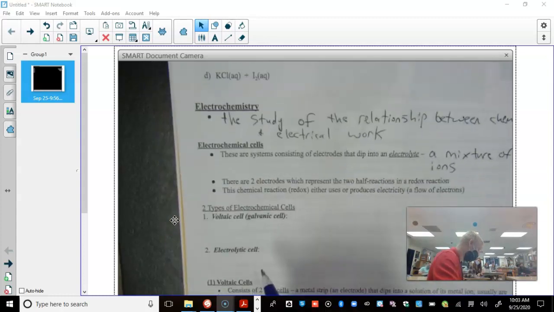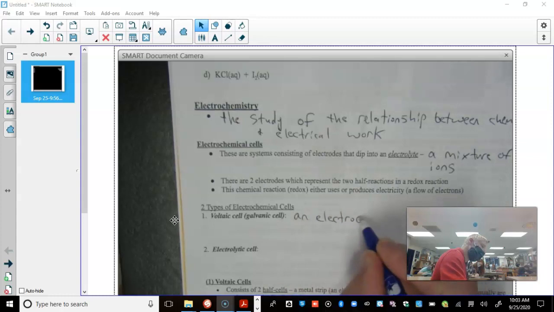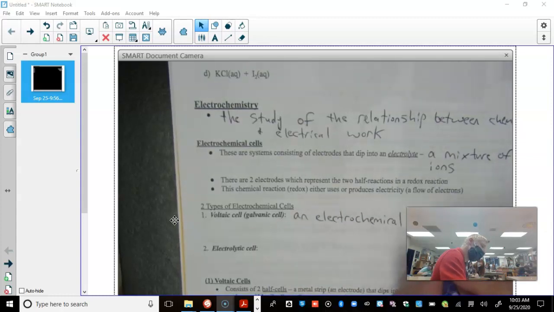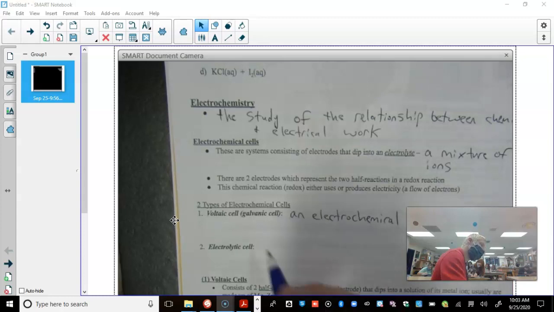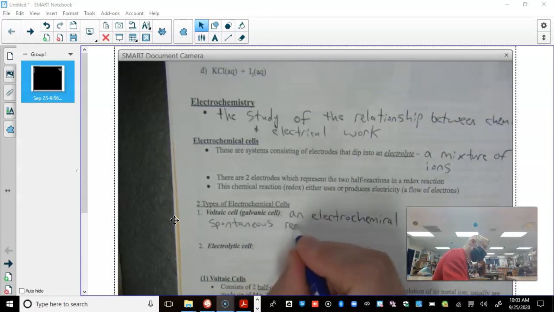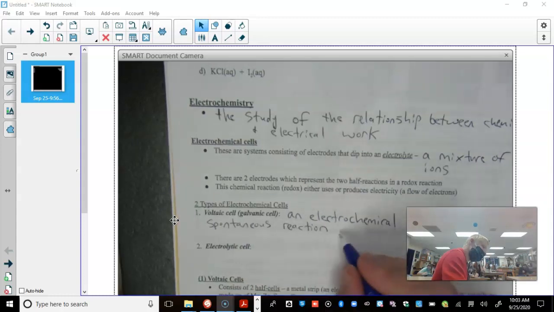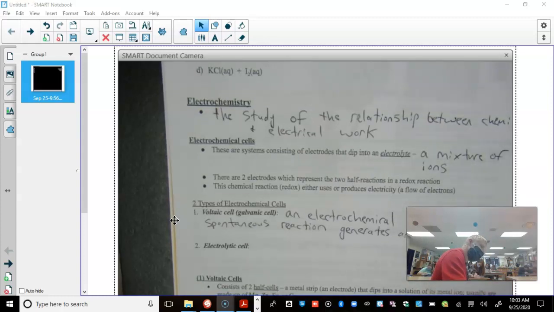For the voltaic cell, let's get the definitions of the two main branches. An electrochemical cell in which a spontaneous reaction generates an electric current, which is measured in volts.